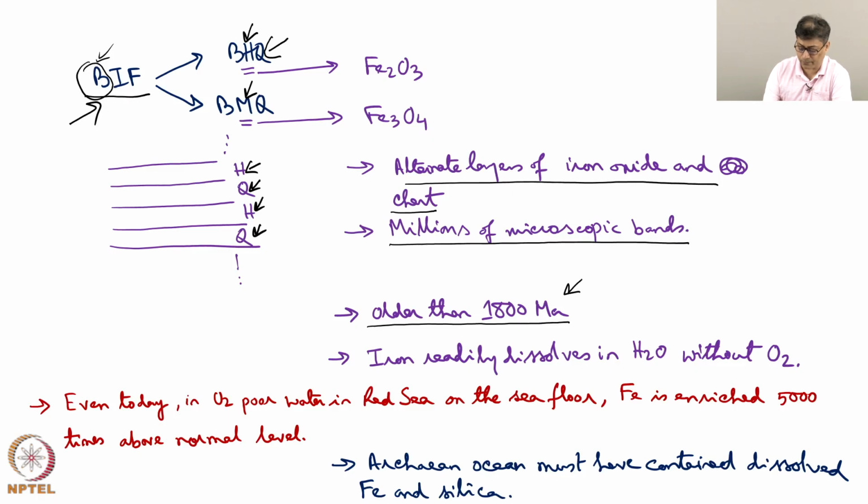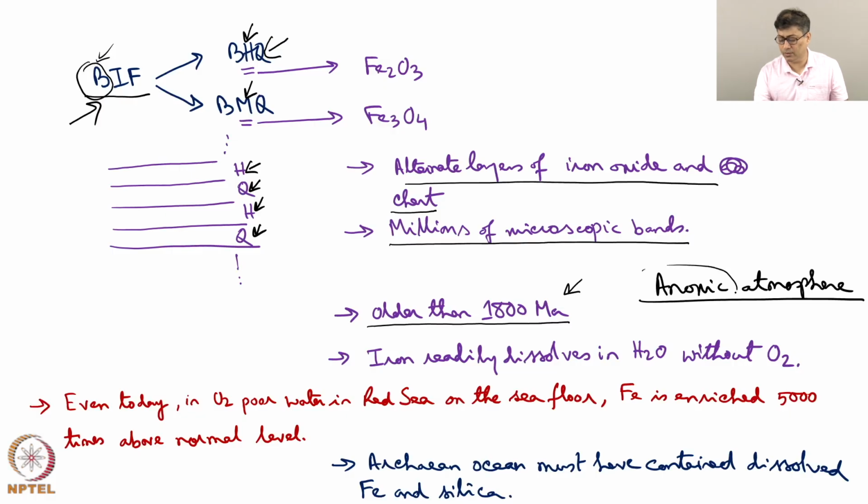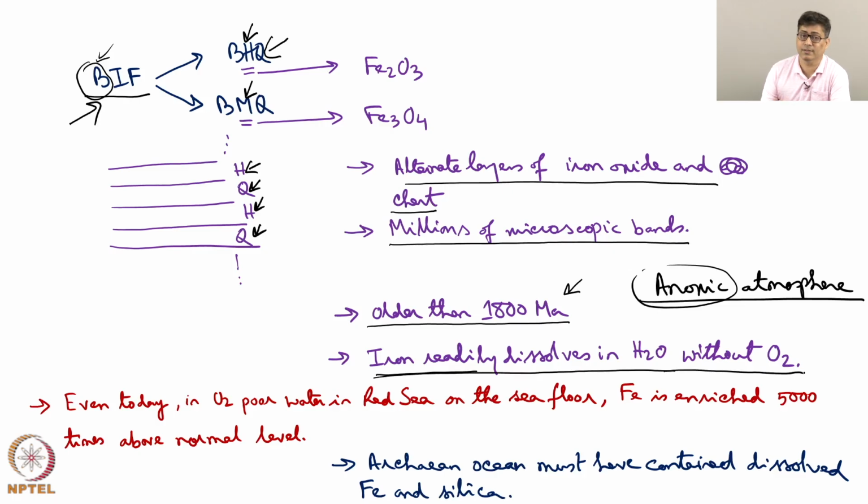Let us explain. We know that when earth was formed, we had an anoxic atmosphere. Due to volcanic eruptions, there was SO2, CO2 and other toxic gases present on the earth, and there was no oxygen. That is the meaning of the word anoxic atmosphere or anoxic environment. Now, from the present study we know that iron readily dissolves in water without oxygen.